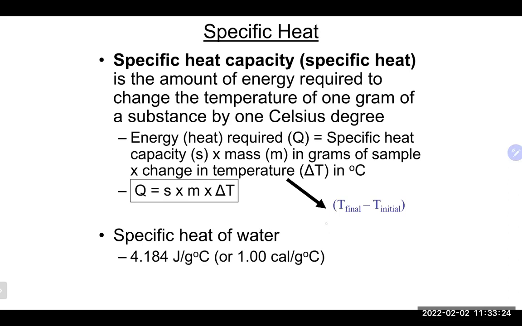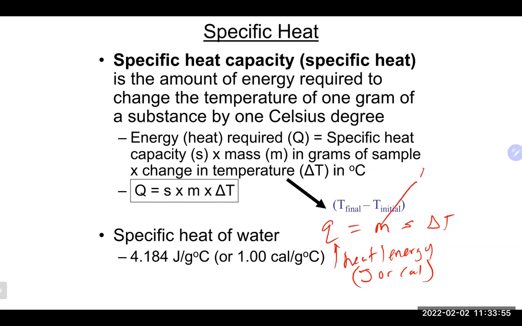Q is heat or energy, and it typically has units of joules or calories. So joules or calories are the typical units that we use to calculate Q. And that is the Q that I've been talking about that could be positive if it's endothermic or negative if it's exothermic. M is mass, and it is in units of grams.